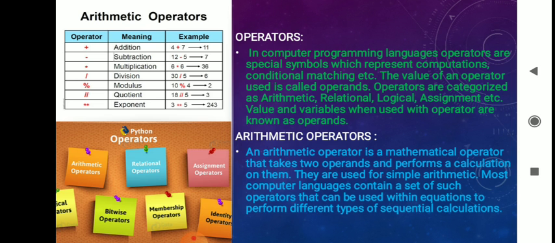This diagram shows the operators contained in the arithmetic operators. Usually you know about BODMAS in mathematics. In the same way we can use these arithmetic operators: plus, minus, multiplication, division, modulus, quotient (floor division), and exponent. Each operator does its work separately.